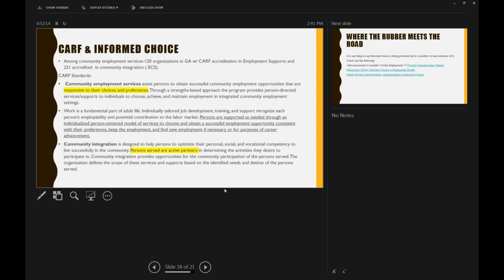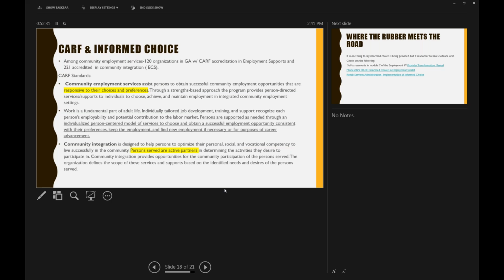Oftentimes, VR community rehab programs may not necessarily have the community integration accreditation, but many of them do with employment supports.